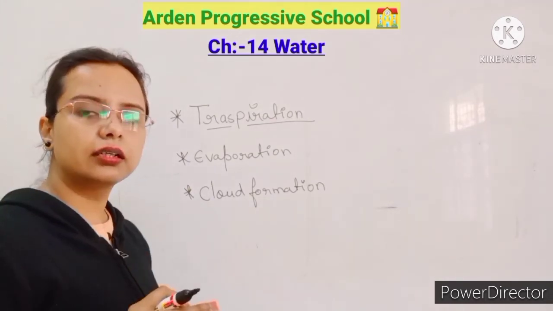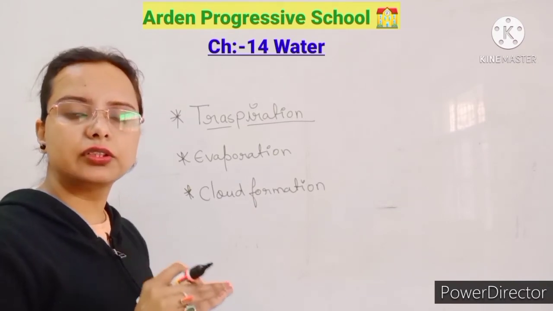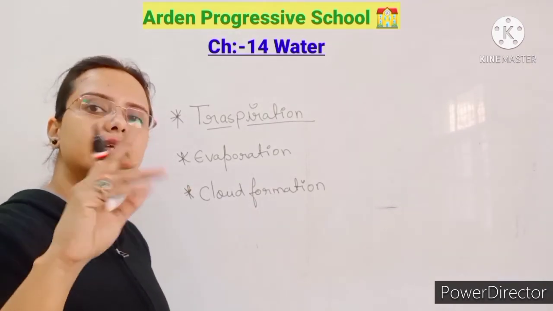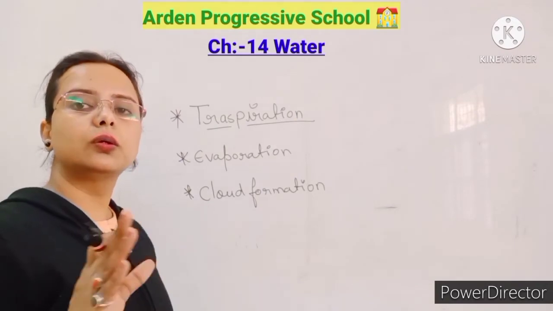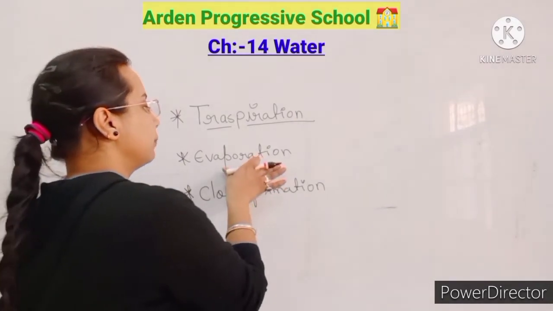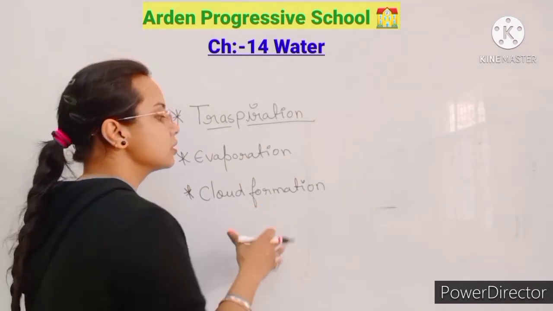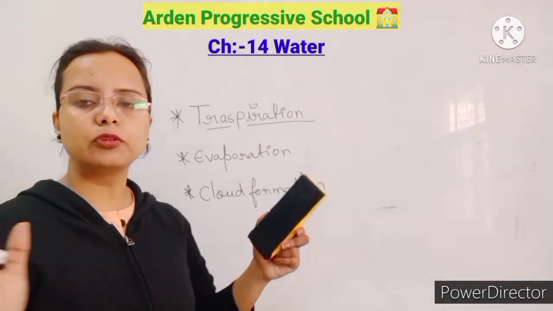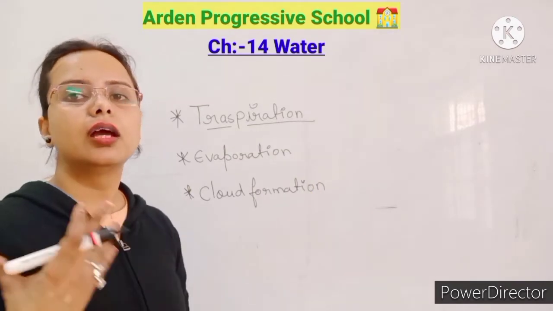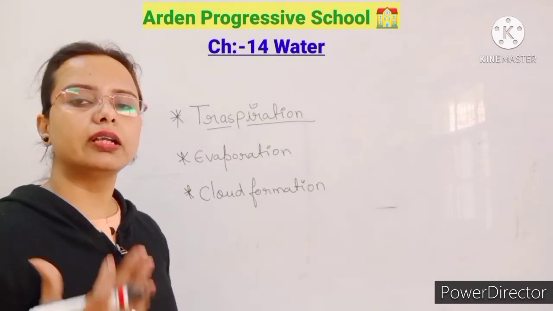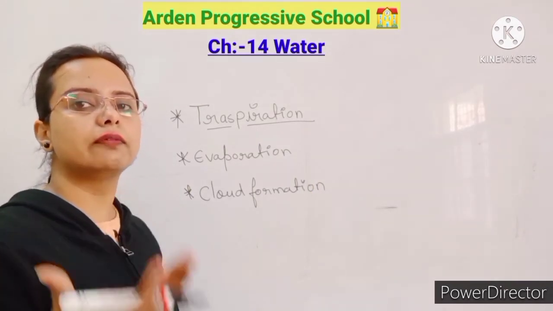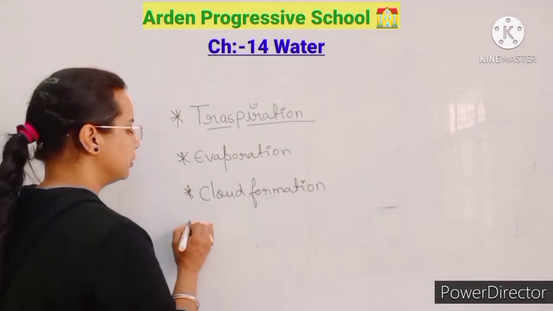Here the temperature is warm, and in the sky the temperature is cool. So when the water vapor cools down, it comes together collectively and forms a cloud. And when that cloud becomes heavier, it results in precipitation.